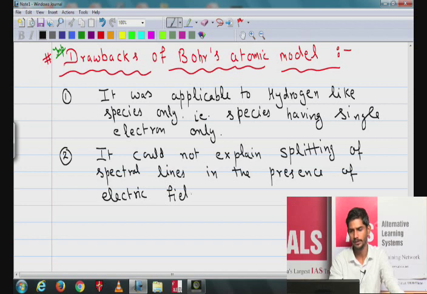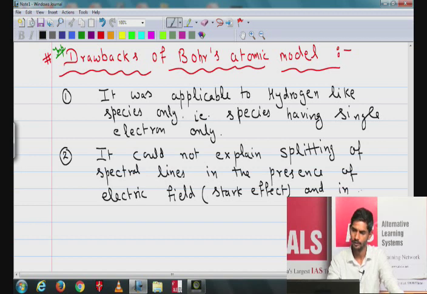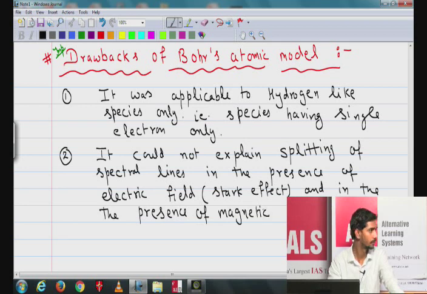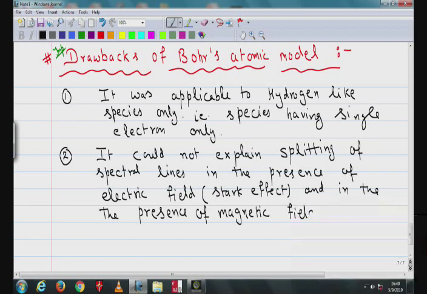This effect is known as the Stark effect. And in the presence of a magnetic field, it is the Zeeman effect.